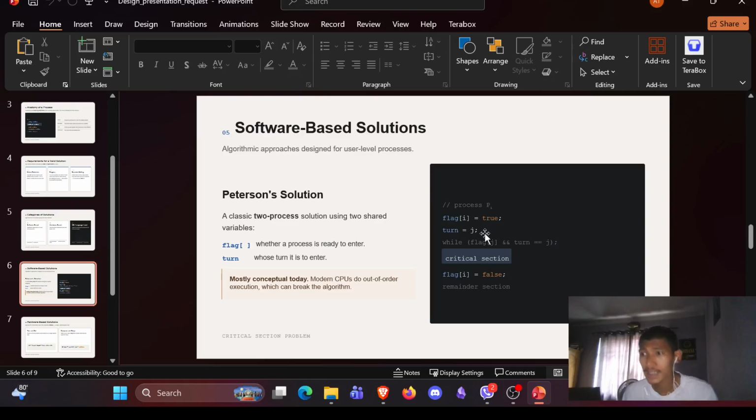It waits while the other process wants in and it's their turn. Once the wait ends, Pi enters, and on exit it sets its flag to false. It satisfies all three requirements, but it's mostly conceptual today. Modern CPUs do out-of-order execution, which can break the flag and turn assignment. Its value is mainly theoretical.